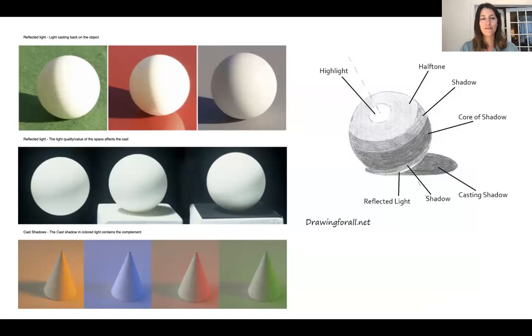So the idea of reflected light and light casting back onto the object. So cast shadow is the object receiving the light bouncing back up, and then oftentimes there's a color of the surface color of whatever the light is hitting. It will bounce back up onto an object and oftentimes create another additional color.